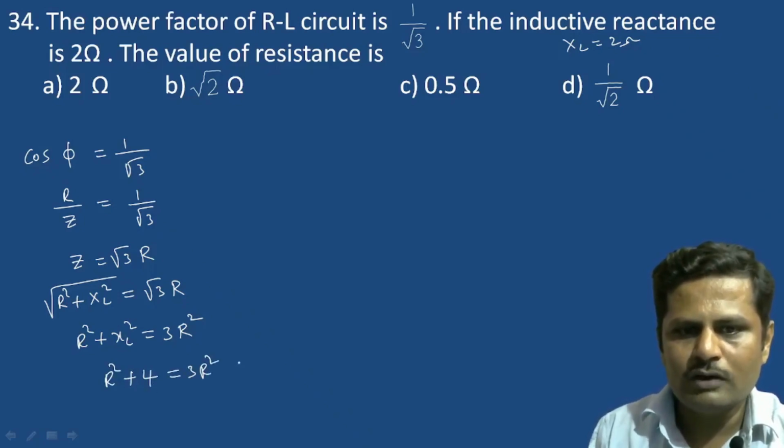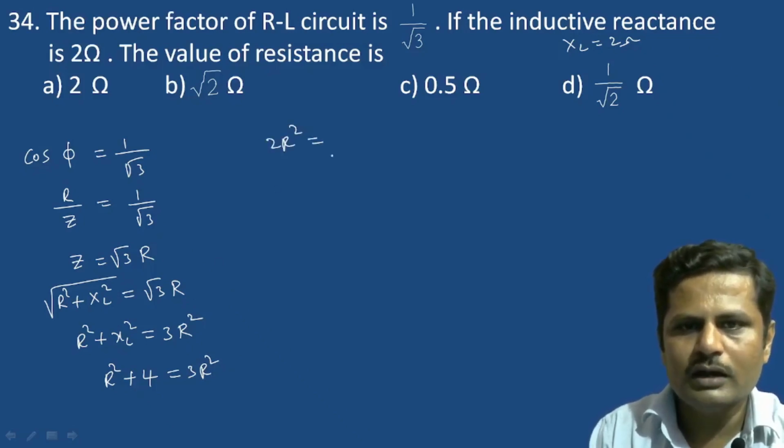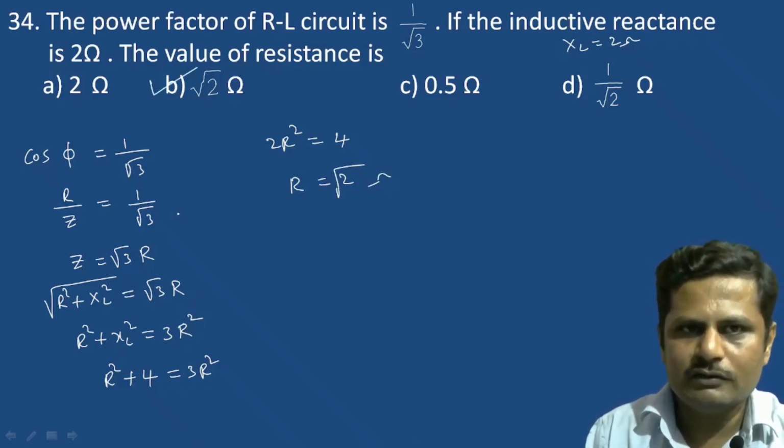If I bring 2R square this side, 2R square equals 4. Bringing 2 this side, 4 by 2 is 2. Therefore R square equals 2, that is R equals root 2 ohm. So option B would be the correct answer for this question.